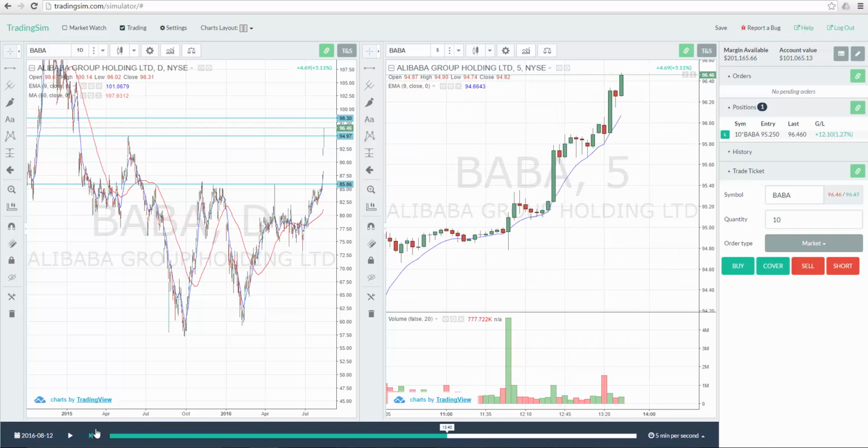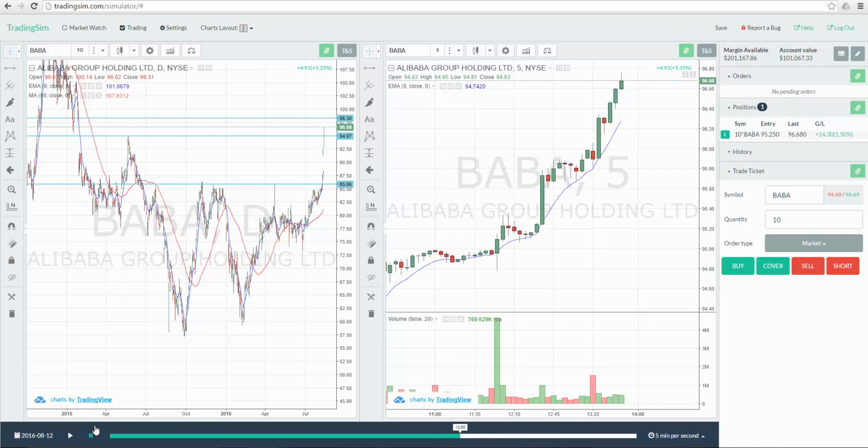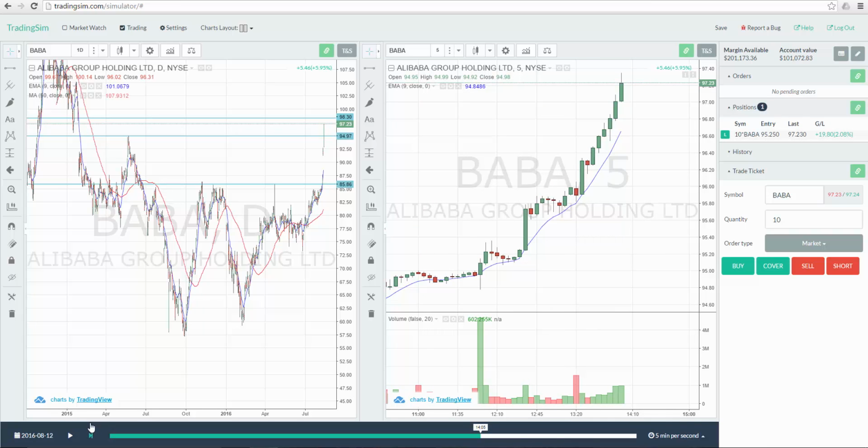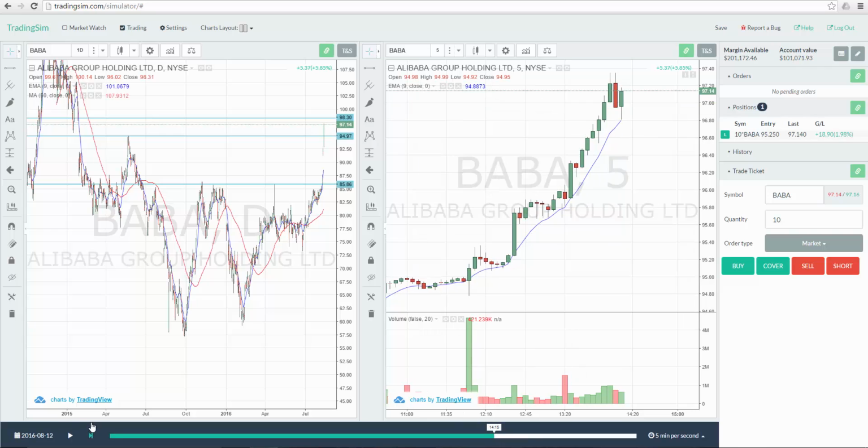and it just keeps moving higher. This is a non-stop train higher, and there really is no reason to get out of this stock.